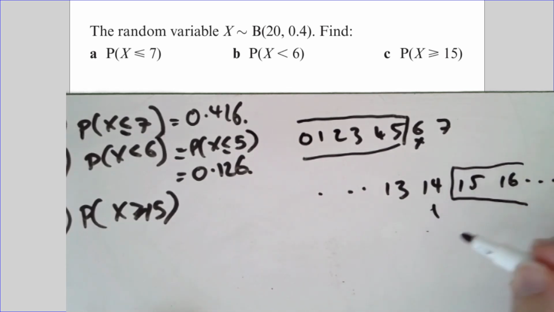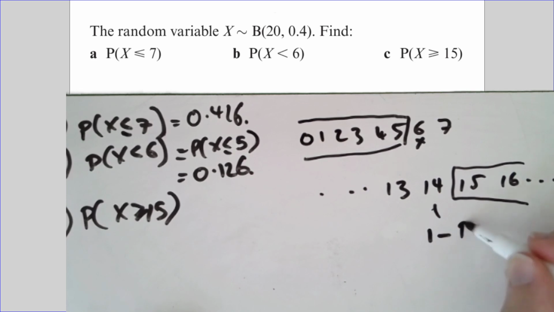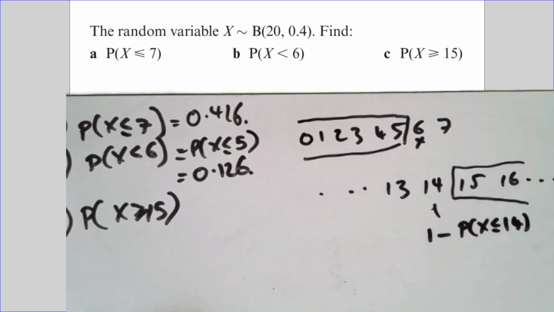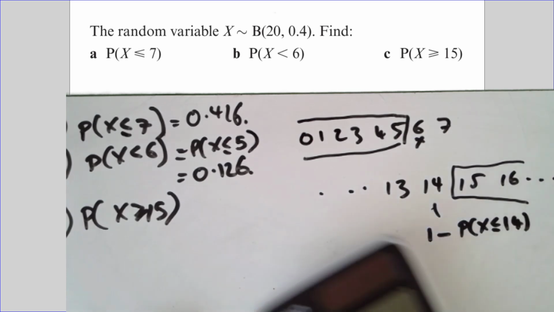So what we're going to do is 1 minus probability x is less than or equal to 14. Because these are the options I don't want, and if you remember back to your probability, we can do not by doing 1 minus. So we're starting at 14 here, not 15. If I put a 15 in here, I would go all the way up to there and I would lose this option for 15.